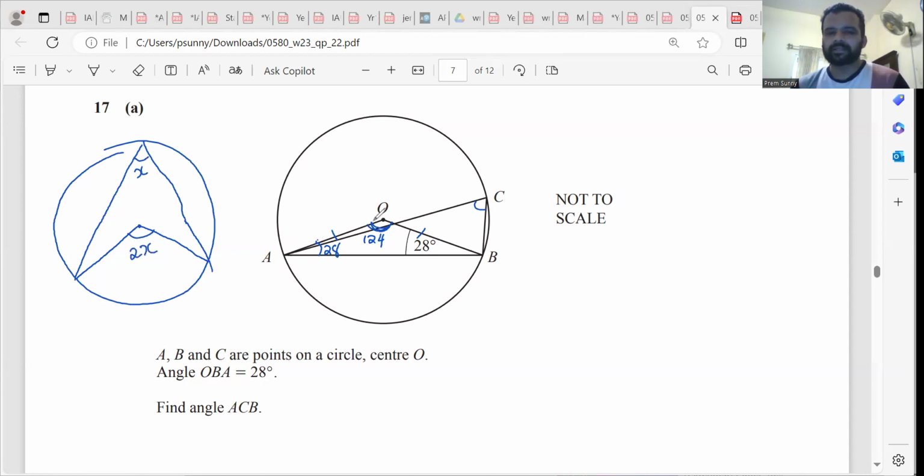Here this is the angle formed at the center, and this one over here is the angle formed at the circumference. So the angle formed at the center is 124, and the angle formed at the circumference will be half of it. 124 divided by 2 will give you 62 degrees. So angle ACB is 62 degrees.